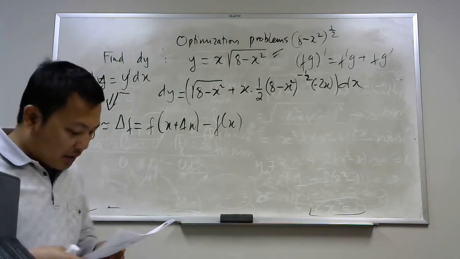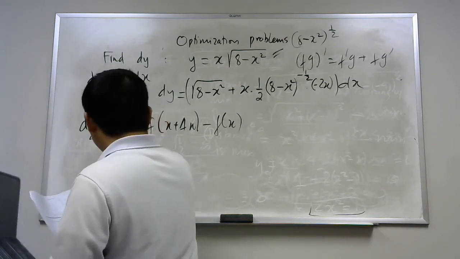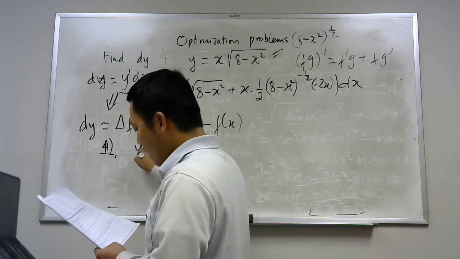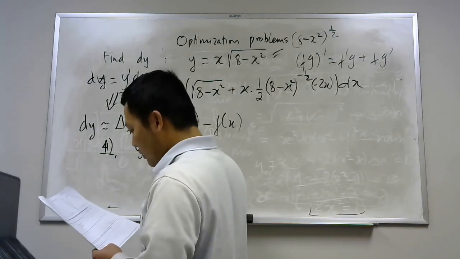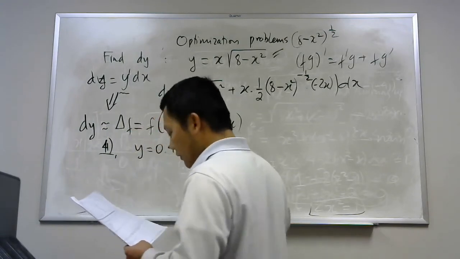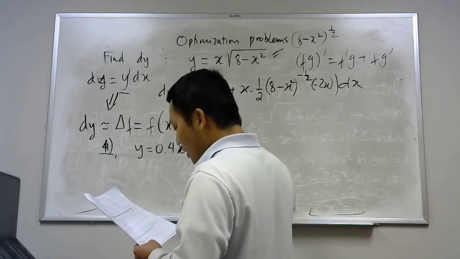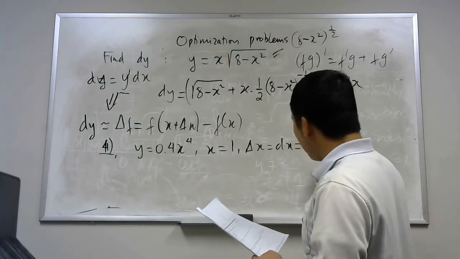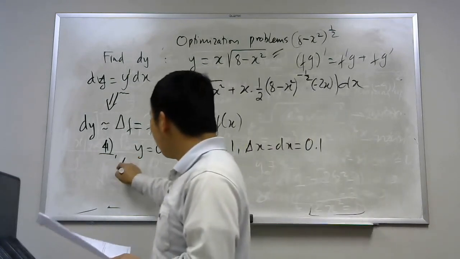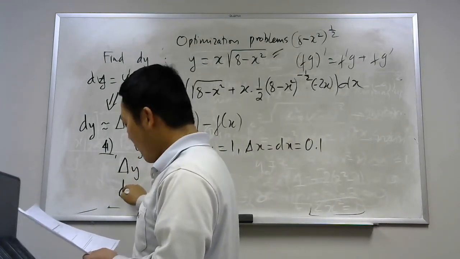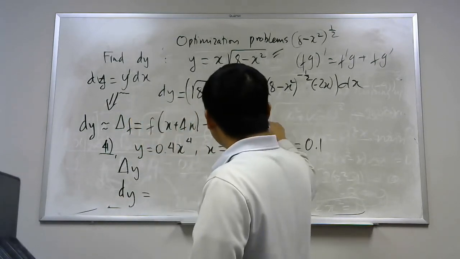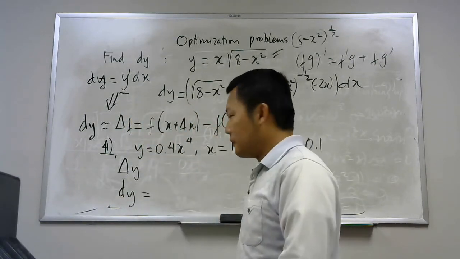Okay, so that's how we can use differential to do this. And our function, this is problem 4, right? We have y equal to 0.4 x to the 4, x equal to 1, delta x equal to dx equal to 0.1, and you need to find delta y and you need to find dy. So what is this? This is delta y, or delta f.